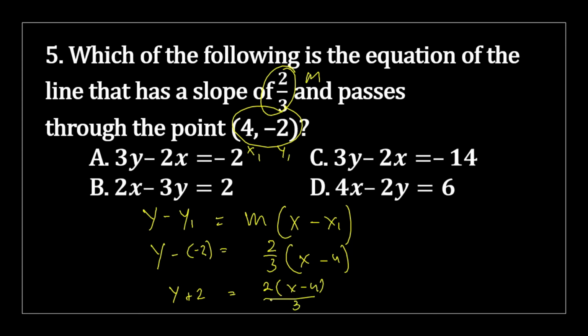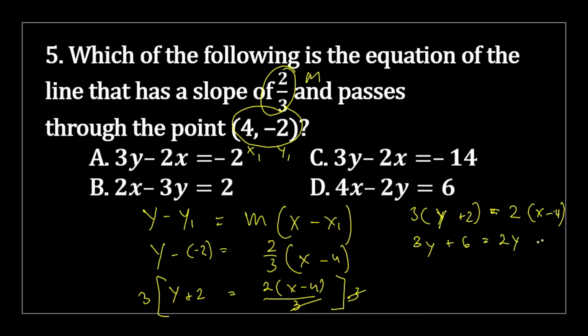Now let's multiply both sides by 3 to eliminate the fraction. So we have 3 multiplied by y plus 2 is equal to 2 multiplied by x minus 4. So let's distribute it. We have 3y plus 6 is equal to 2x minus 8.